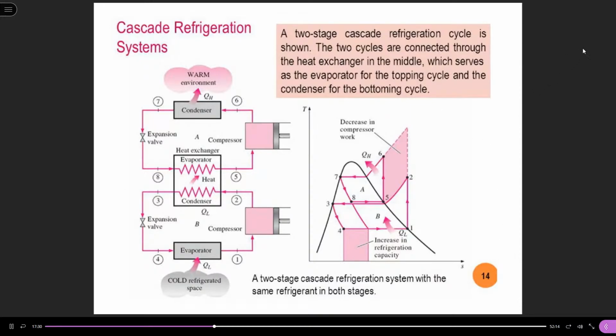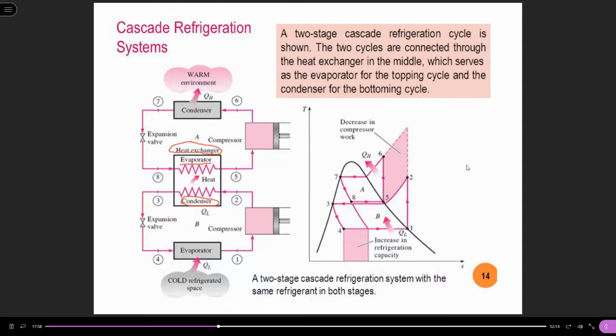This is the evaporator, this is the condenser, and also the Cascade condenser. We can consider it as a heat exchanger, so it serves as the evaporator of the high pressure cycle and the condenser of the low pressure loop.